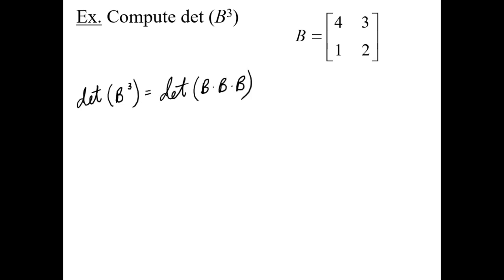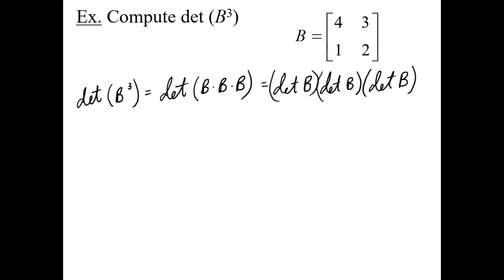Well, think of that last property. This is the determinant of b times the determinant of b times the determinant of b. In other words, this is the determinant of b cubed. So I'm going to go ahead and find that determinant of b, which would be 8 minus 3, and then I'm going to cube that result.